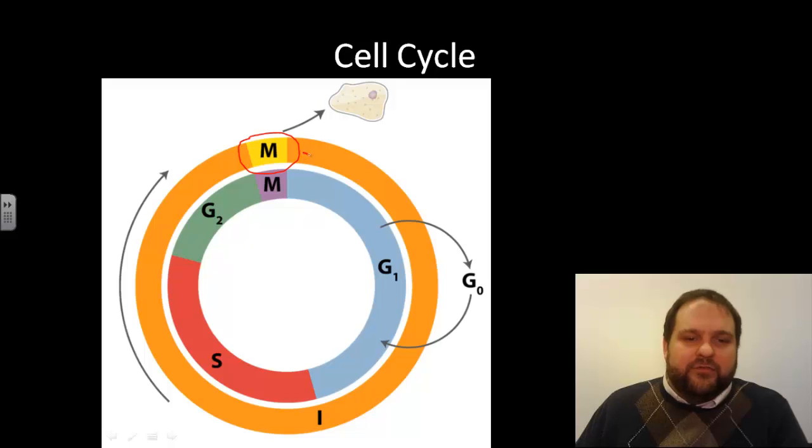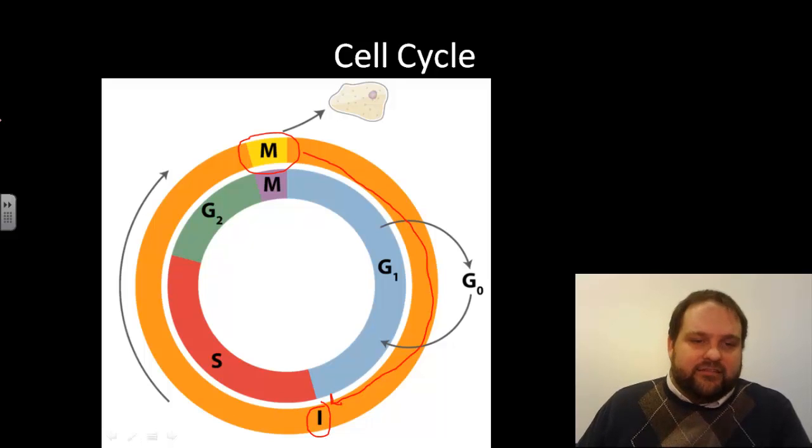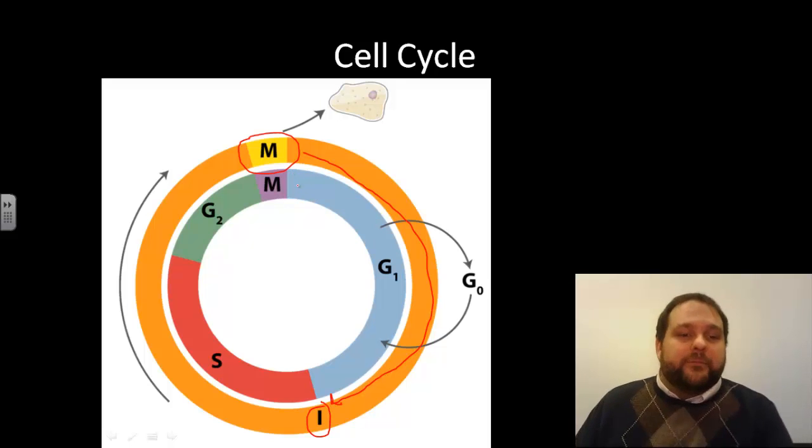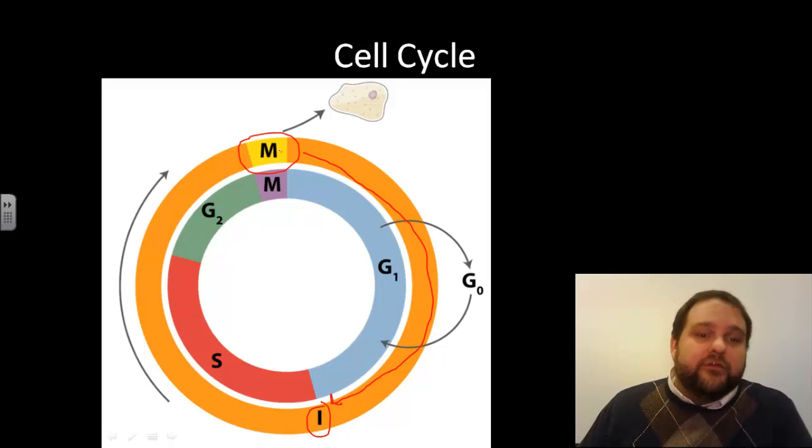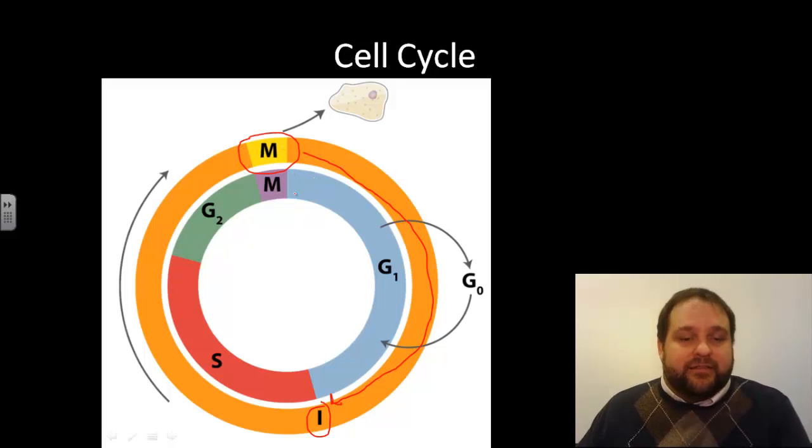And this outer diagram is just showing you that everything else is all interphase down here. The only part that's not interphase is this little M, which stands for mitosis. Okay, so everything other than mitosis is interphase. Mitosis we'll break down in the next lesson.